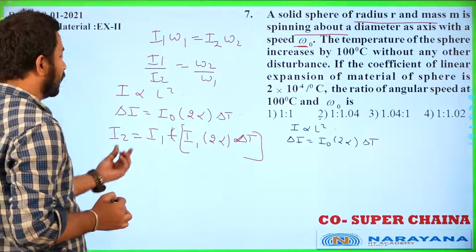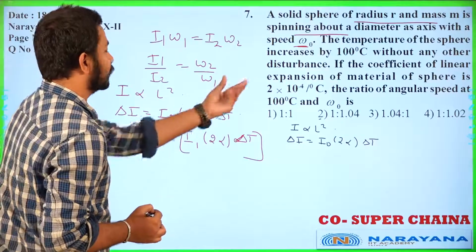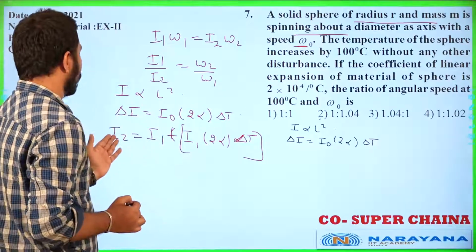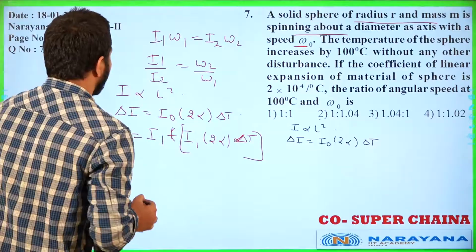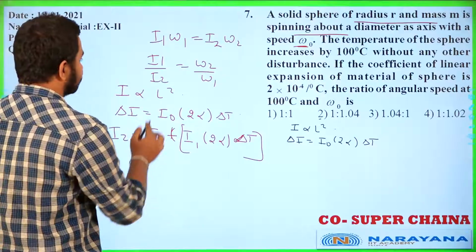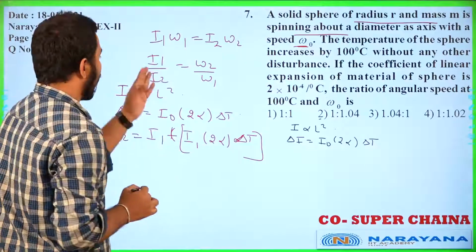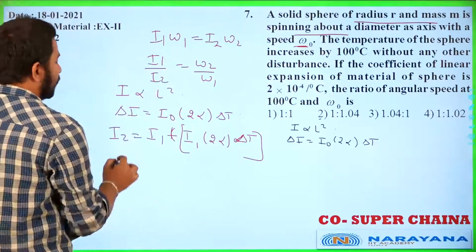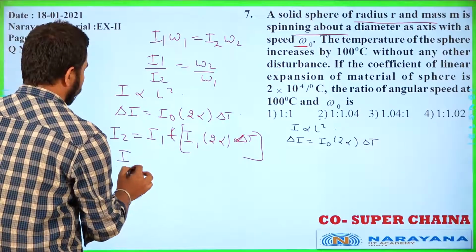If I know this, the ratio of angular speed I have to calculate. So I2 I know, I1 I know. So I can write here the ratio I1 by I2.